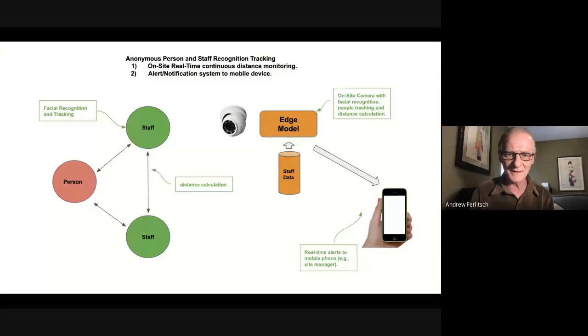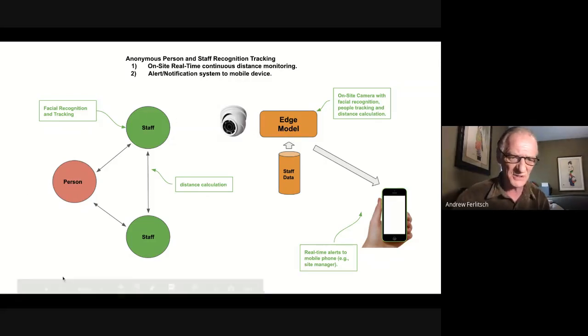So let's look next at the use cases and how you would deploy it. You're going to have your cameras. I myself would recommend deploying this on edge devices, so you have an edge model. Because you're doing facial recognition of staff, you're going to have with that edge model the data for recognizing staff.